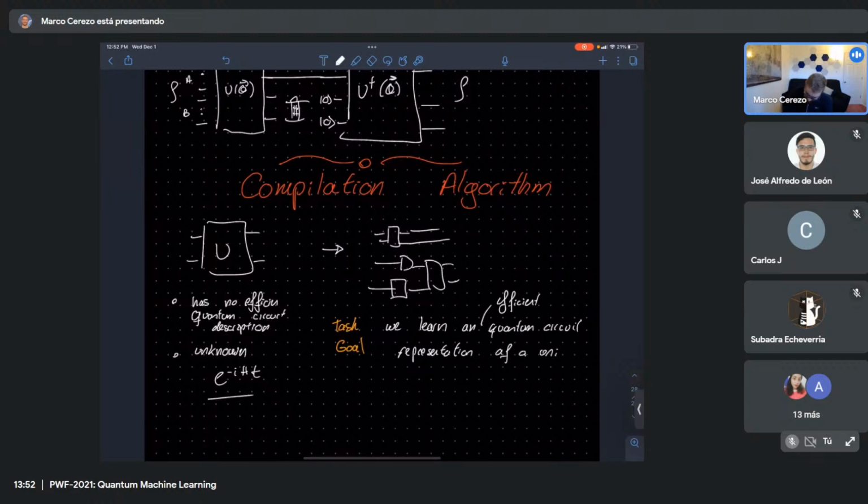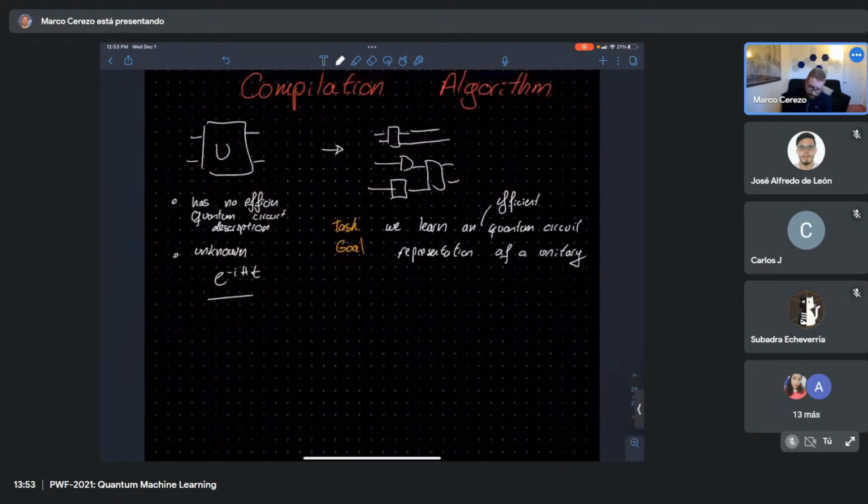And let's just now consider the case where I only care how this unitary, and for simplicity it's called V, because we've been using U for our trainable unitary, right? So let's keep it U versus V. So we want to learn the representation of the action of this unitary V over some states.